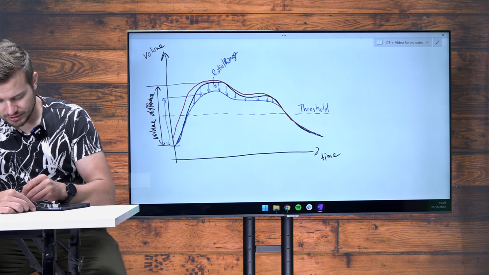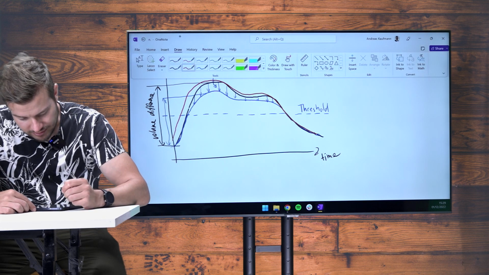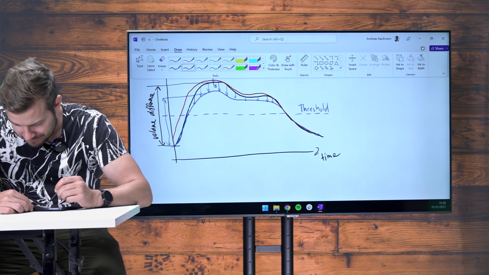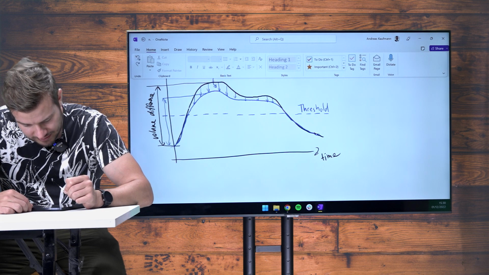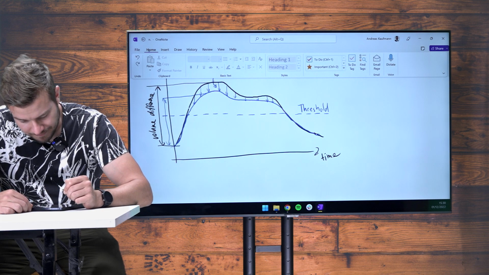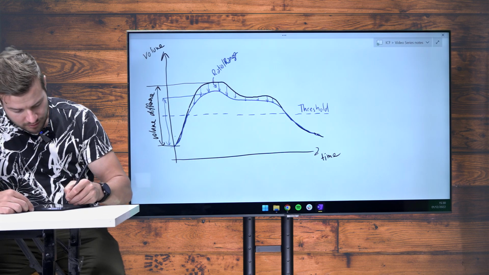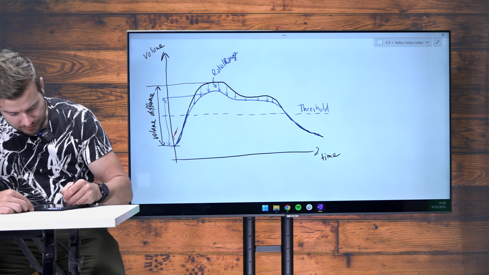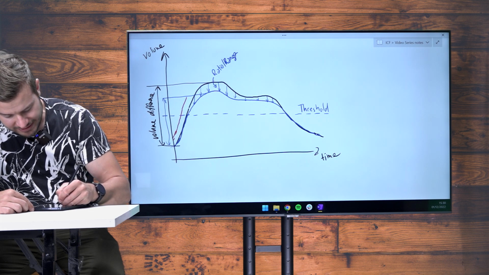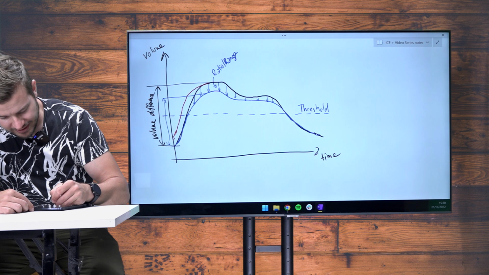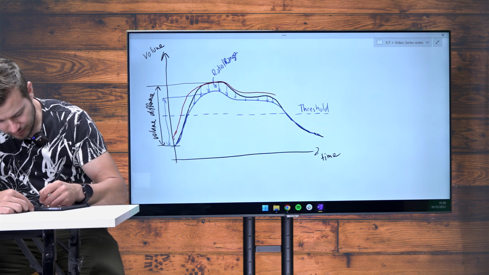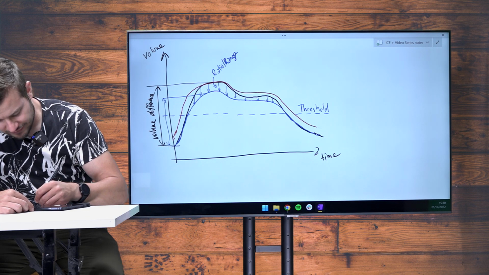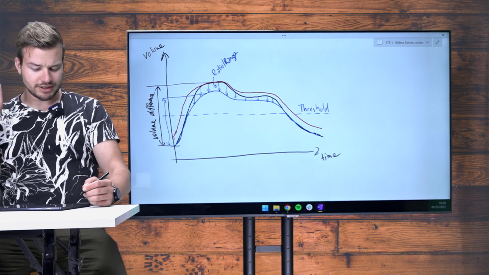No, that is not 100% correct here. Let me see if I can do that again. So we go up here. Basically I just draw the blue curve again, just with a higher volume. This is now much better, huh?